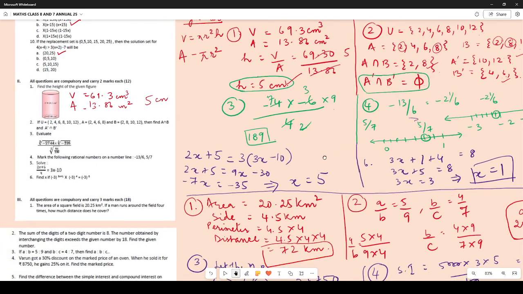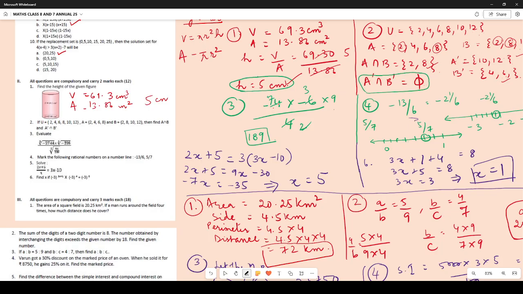Right? Now let us take up question number 3. So question number 3 you see over here. Here it is the cube root of minus 2744. Now if you find it with the help of prime factorization, you will find that minus 2744 is the cube of minus 14, right?